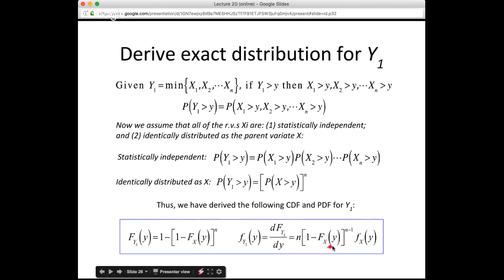If you knew the CDF and PDF for the parent population, you could plug these in and end up with the derived PDF for y1. Same here for the derived CDF of y1. So that's the basis for deriving the exact distributions for y1 and yn.